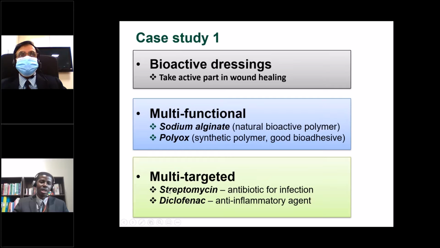So here we loaded them with a modern antibiotic, which is streptomycin for infection, and then we added diclofenac as an anti-inflammatory agent. But actually what we found was that this diclofenac enhanced the activity of the streptomycin, so we had synergistic activity.